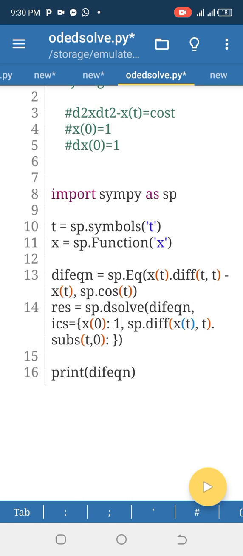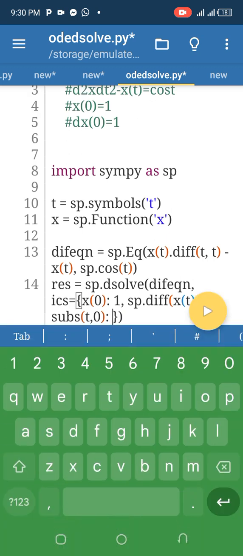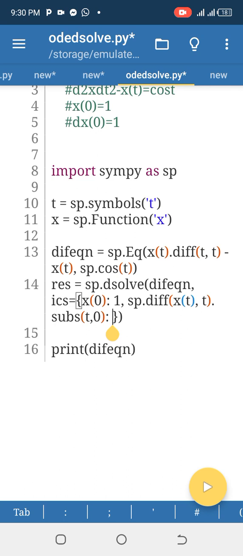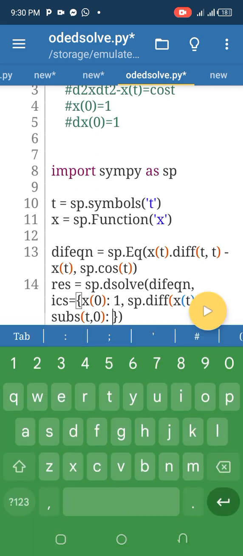The key in this dictionary is going to be sp.diff(x(t), t), then .subs at t equal to 0, and the value is going to be 1.